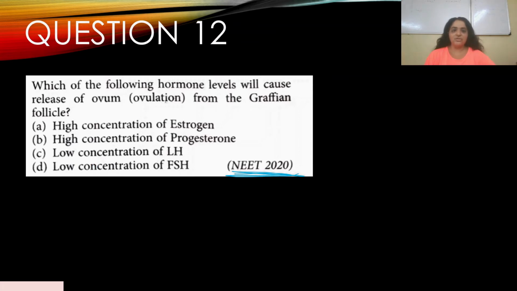So when ovulation is happening, there is a high concentration of progesterone, because 2 days before ovulation there's an LH surge, and I'll explain that in the discussion. So the answer is B.